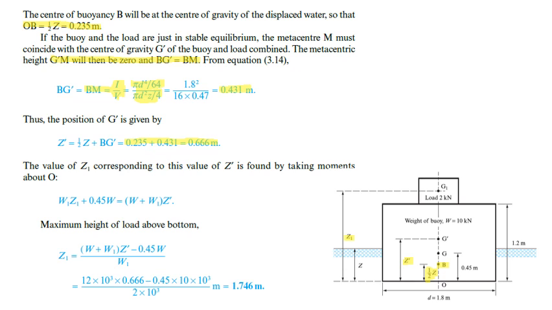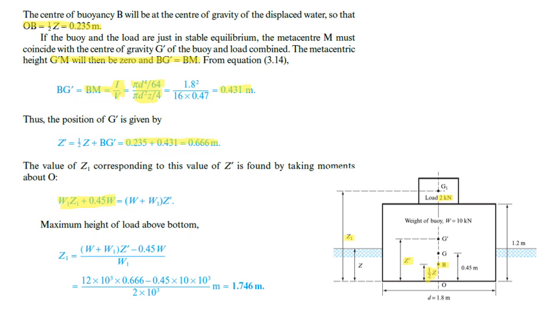So let's take the moment about this O point, and it will be the W1, which is just 2 kilonewton weight, into the distance of G1 till point O, which is Z1. So W1 into Z1 plus this W weight, 10 kilonewton, into the distance from its center of gravity till O point.